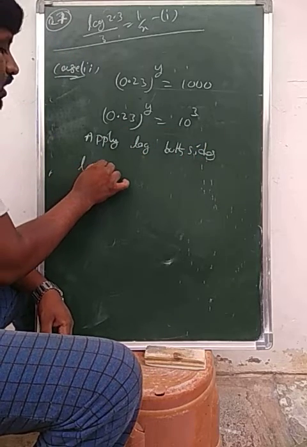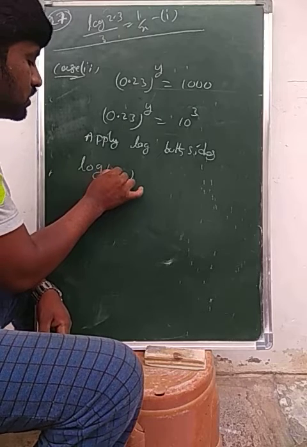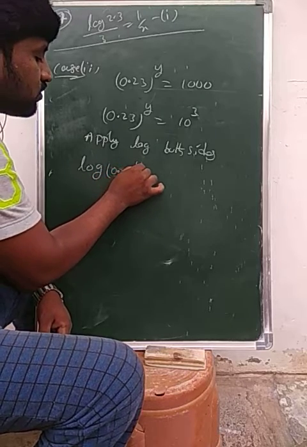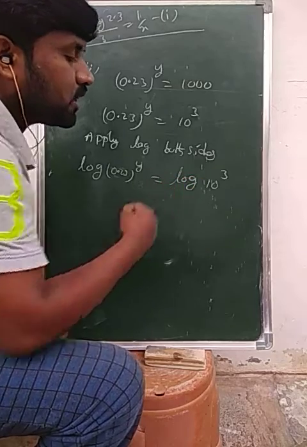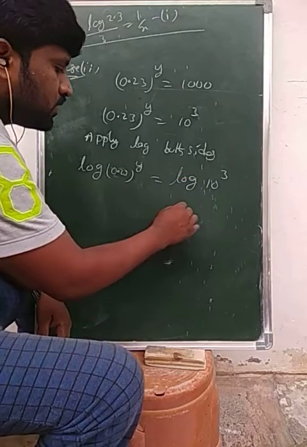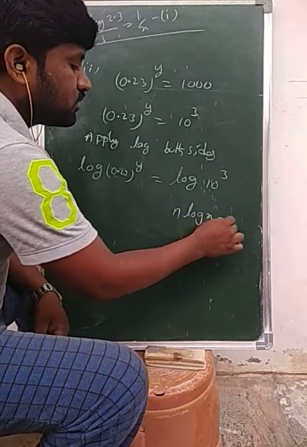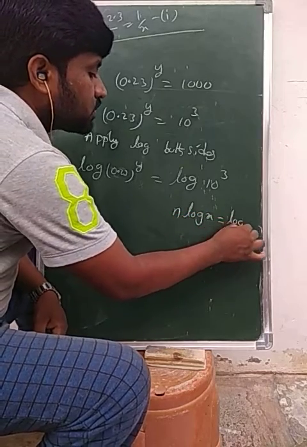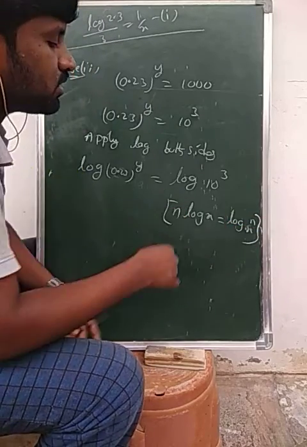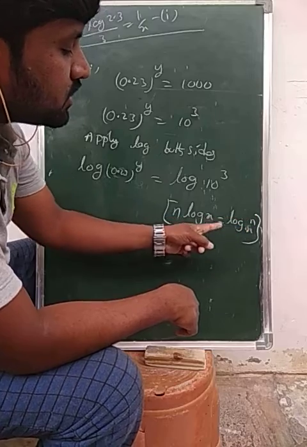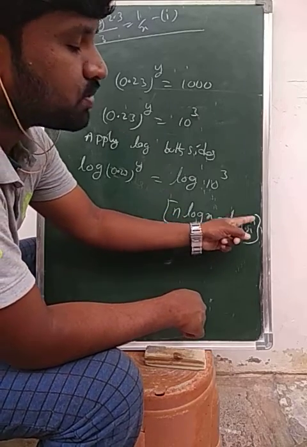Then log of 0.23 power y is equals to log of 10 power 3. By using the power rule, what is the formula? Log x power n is equals to n log of x, or n log of x is equals to log x power n.